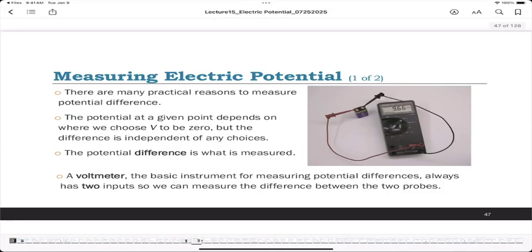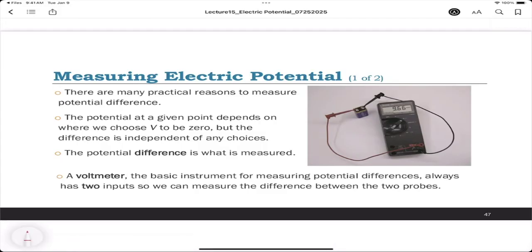A voltmeter, the basic instrument for measuring potential differences, always has two inputs, so we can measure the difference between the two probes. I think most of your homes have a voltmeter. This voltmeter can measure the electric potential.